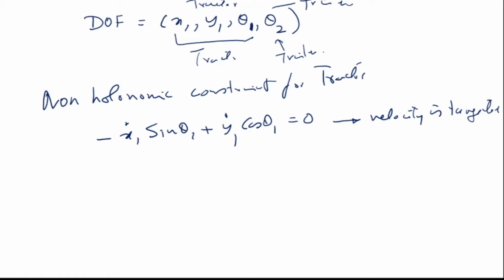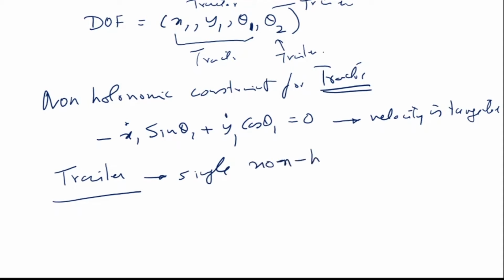Now what about the trailer? The trailer is also subject to a single non-holonomic constraint. What is the non-holonomic constraint?